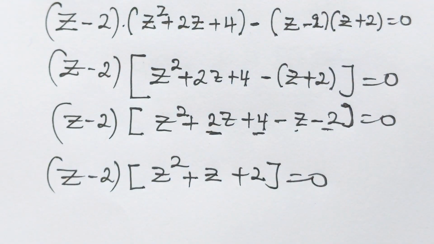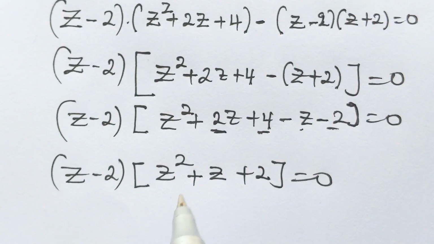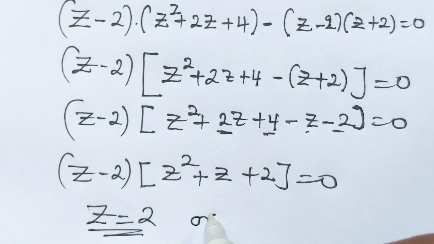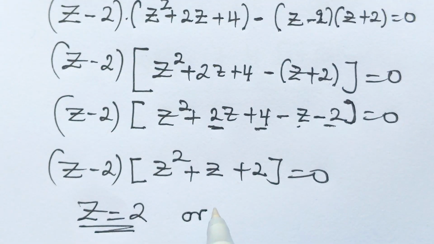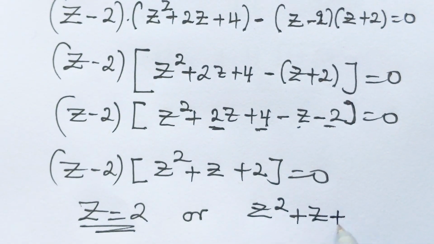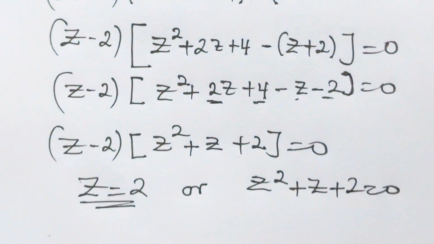At this stage we are going to set each factor equal to 0. z will be 2, or here we have z squared plus z plus 2 equals 0, and this is a quadratic equation.